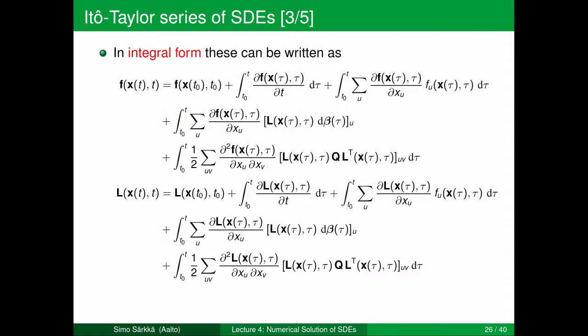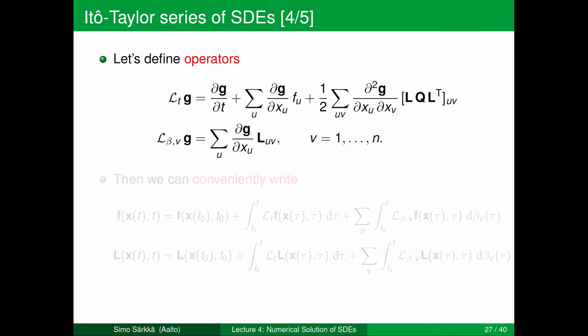Now again, as in the case of ODEs, we can try to figure out what kind of operators should be defined so that these can be written in shorter form. So what we end up is that it's useful to define these operators. We have L_t of g equal to the time derivative plus the partial derivatives with respect to x_u times f_u, plus half times the second partial derivatives with respect to x_u x_v times L Q L transpose.